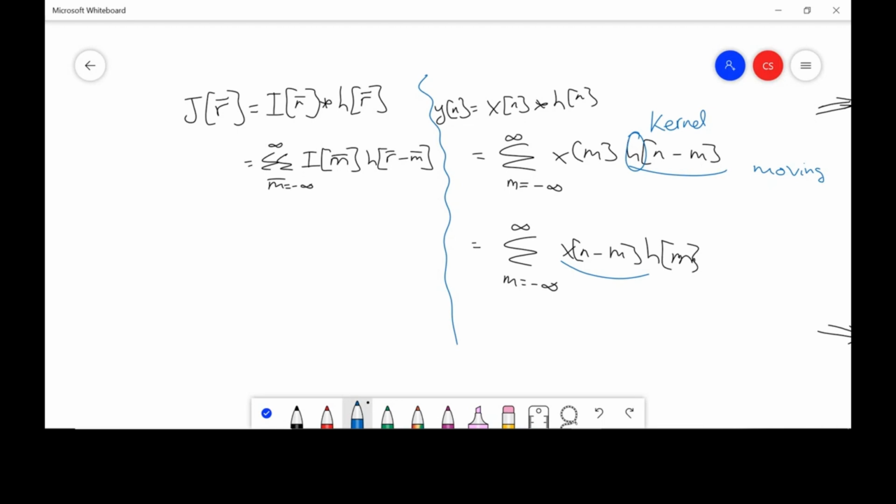It has the same definition. Actually, we can also define it in another way. Here the kernel is moving, but you don't need to put the double sum, and if the limits are clear, you don't have to specify them. So now the image is moving, and the kernel is fixed.